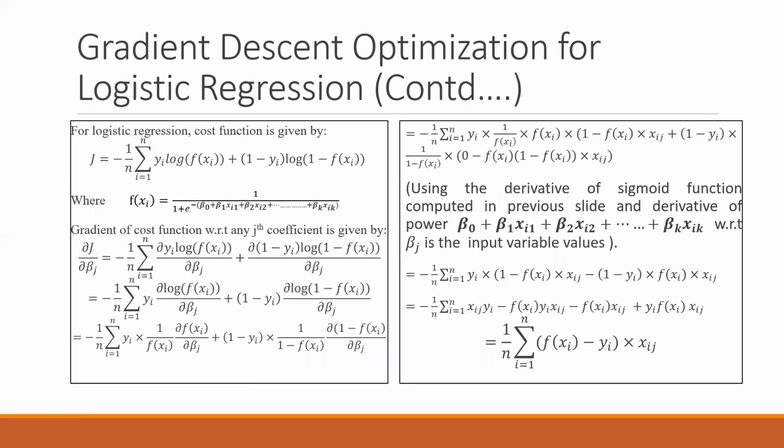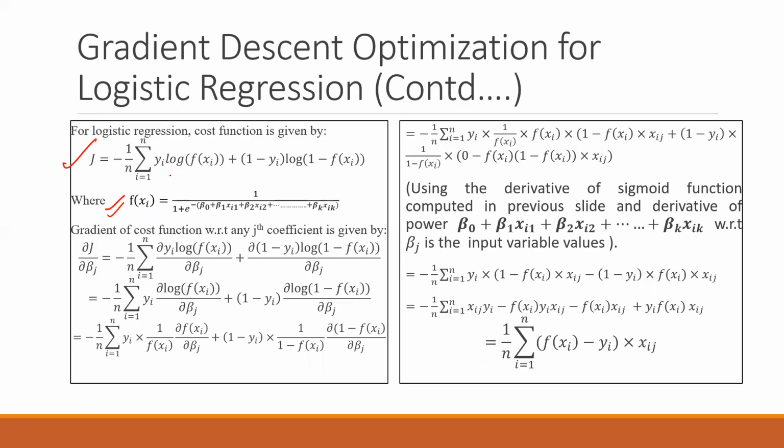Now for logistic regression, the cost function is given by this, J is equal to this, and f(x) is equal to this, we all know, we have been dealing with this equation already. So this is my f(x), and now I have to put the value in this.